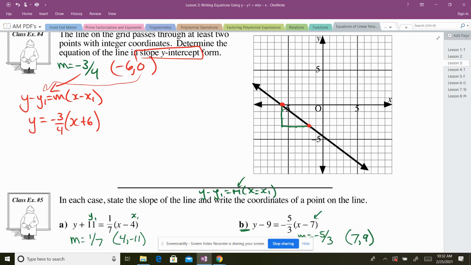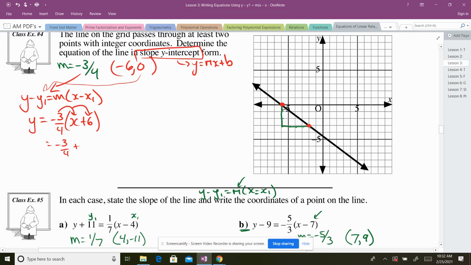What does that mean? Do we have brackets in slope y-intercept form? Slope y-intercept is this. Mx plus b. So you just have to dump the 3/4 in. Like that. Okay? -3/4 times x is -3/4 x.